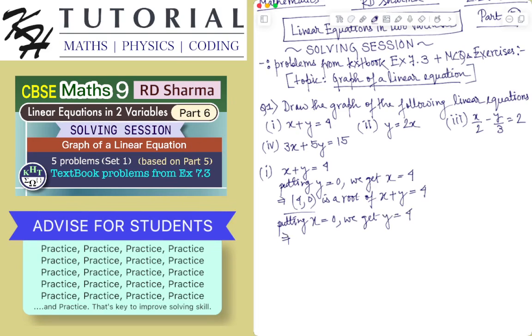So this implies that 0 comma 4 is a root of x plus y is equal to 4. So from here I can say the point whose coordinate is 4 comma 0 lies on the graph of x plus y is equal to 4.